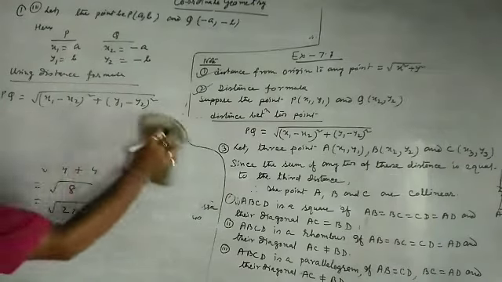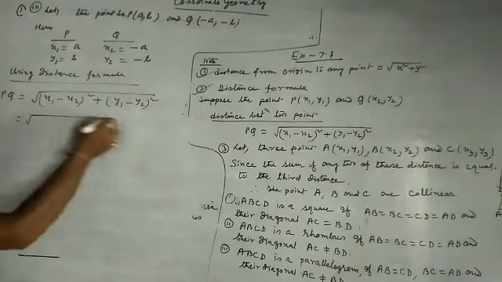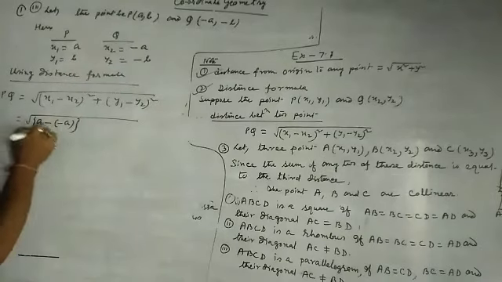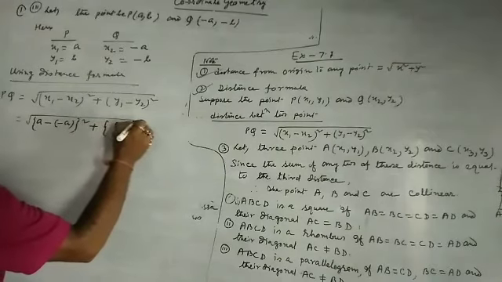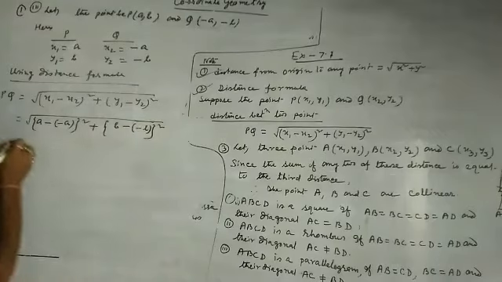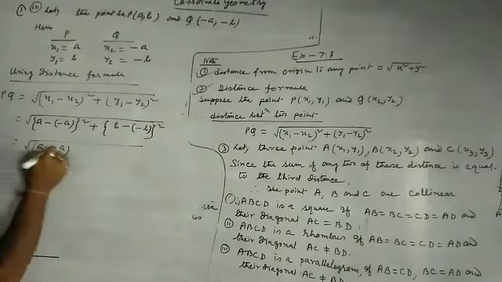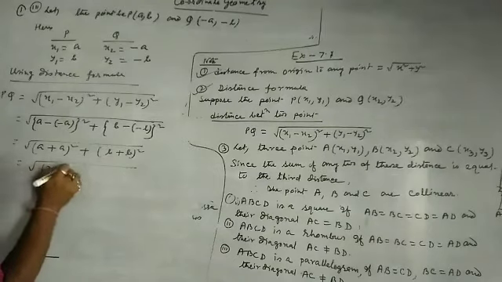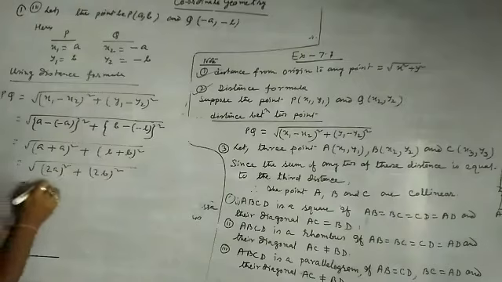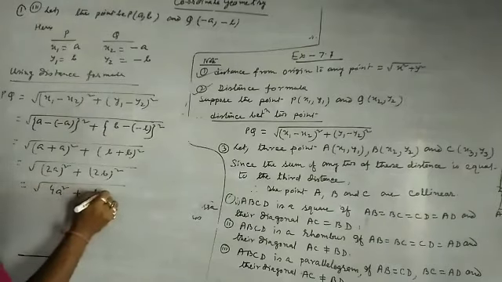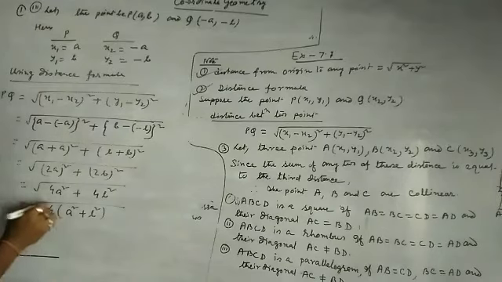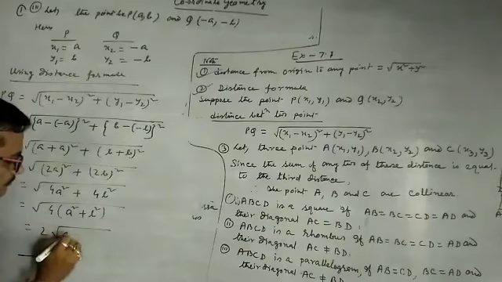So using the distance formula, x1 is A, x2 is minus A, y1 is B, y2 is minus B. A minus (-A) is A plus A whole square, B plus B whole square: twice A whole square plus twice B whole square, 4A square plus 4B square. 4 is common, remove the root from 4, which is 2, times root of A square plus B square.